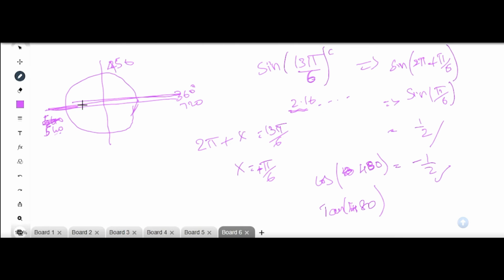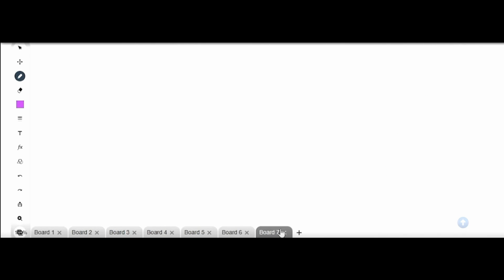I got negative root 3. Okay then. So can we solve for 780? Let's move further. 780 is more than 2 circles. So 780 minus 720, you get 60.